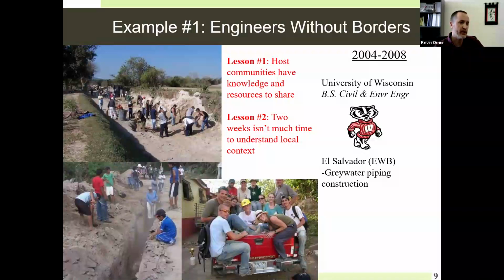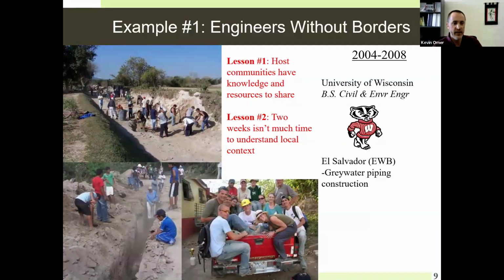So we worked with the local community members to dig a trench and then put in some piping so that gray water could go to an existing constructed wetland. And as you can see in the top left photo, this was a real community effort. So even though they may not have had all the financial resources to buy all the materials, they invested their time and their local knowledge and their masonry skills to complete the project.